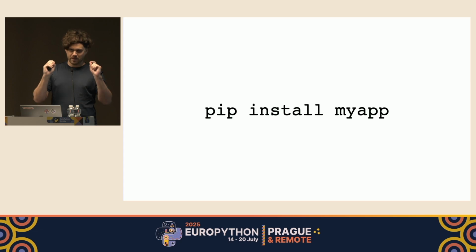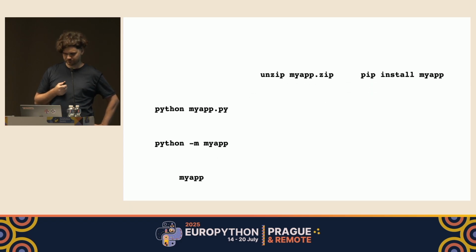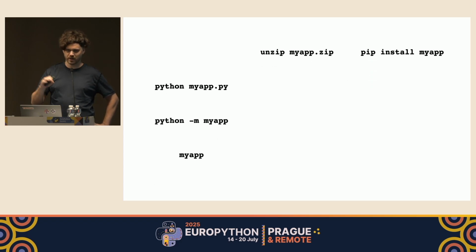But pip and other package managers can install not only libraries, they can also install applications. So this could be useful for us. Think of mypy, ruff. You don't import them, you run them, but you still install them using pip or another package manager. And now the crucial part, why this theoretical introduction?